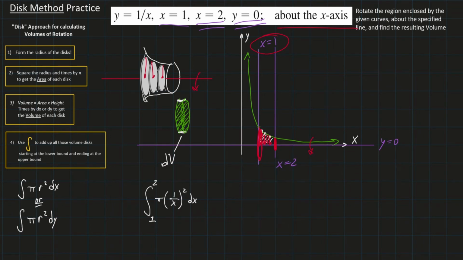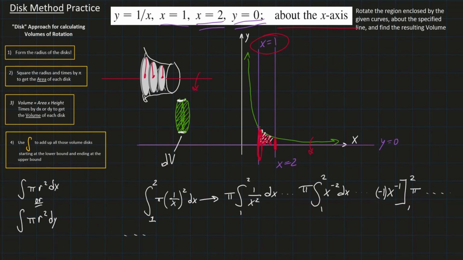I just have to solve it now. So we punch out this math, perform the square. I'll get the integral of 1 over x squared. I'll move pi outside the integral. Now I know that 1 over x squared is just x raised to the negative 2. So I'll write it like that. And then I see that it's an easy inverse power rule: x to the minus 1 times negative 1.